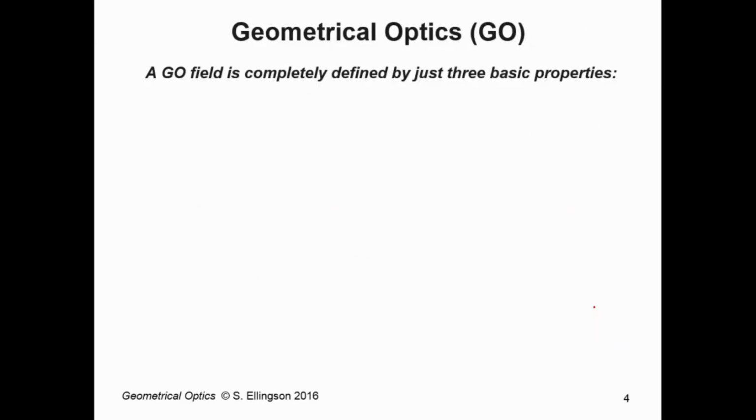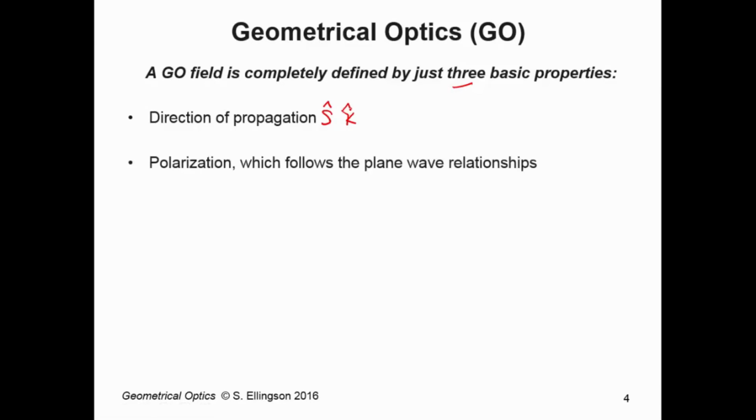Okay, a geometrical optics field is completely defined by just three basic properties. The first one is the direction of propagation. We'll often refer to this as little s hat. In some cases, I might refer to it as k hat. I may have done that in a previous lecture. Then the polarization. What direction does the E vector point? What direction does the H vector point in?